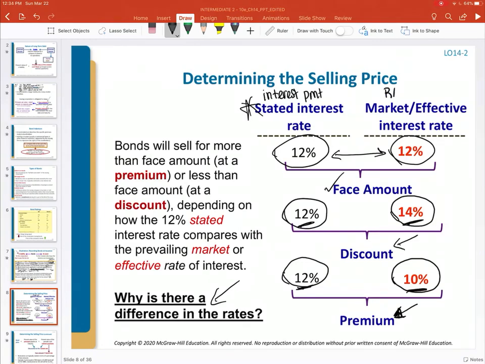The market rate is what we are going to use as the rate in our present value formula. So when the formula asks for a rate, they're asking us for this market rate of interest. When the formula asks us for our PMT, our interest payment, that is when we use the stated rate of interest.